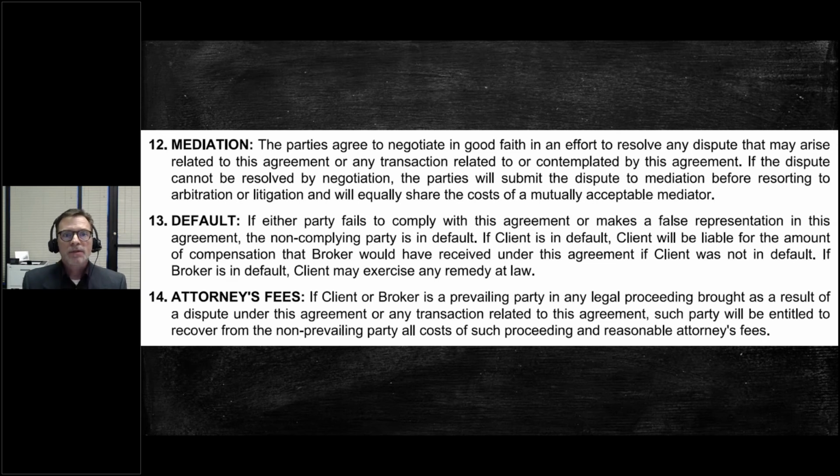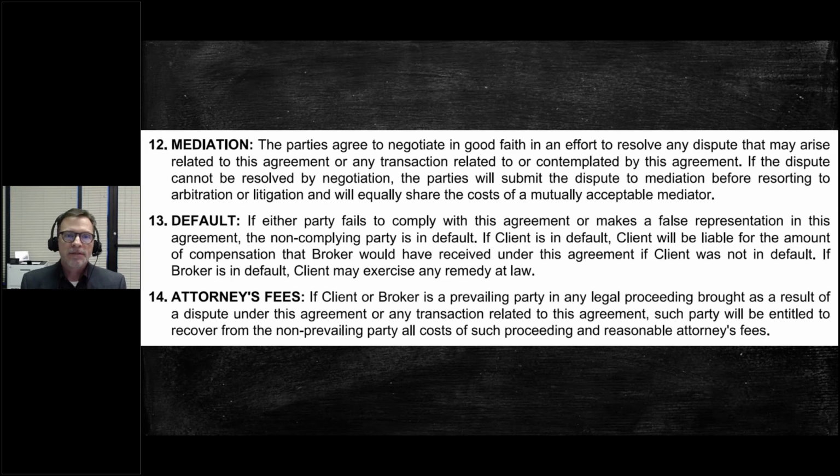So paragraph 12 talks about mediation. And it contemplates the scenario where there's a buyer-tenant representation agreement and some dispute arises between the broker and the client that has to do with the buyer-tenant representation agreement.